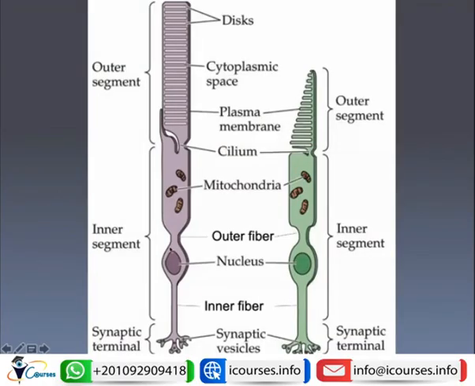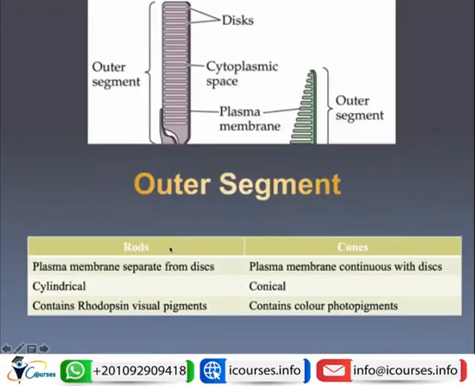So, what are the other differences? Let's first divide them into outer segment and inner segment. The outer segment is the part of the photoreceptors that is interdigitating with the retinal pigment epithelium. This part is formed of discs, and these discs carry the visual pigment, which is responsible for the visual impulse.